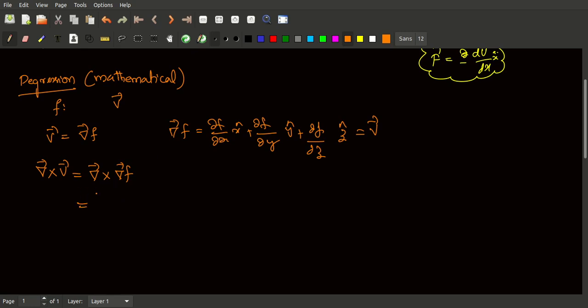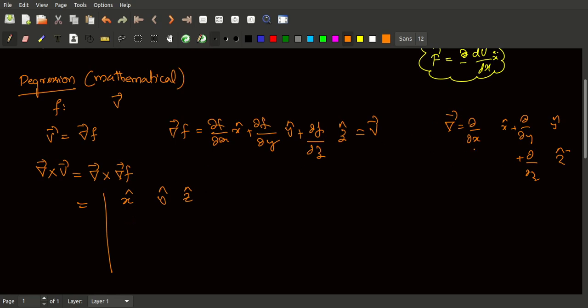So if you do this, take the determinant with x cap, y cap, z cap. You know what the del operator is: del upon del x into x cap, plus del upon del y into y cap, plus del upon del z into z cap. Sorry, this is the del operator.